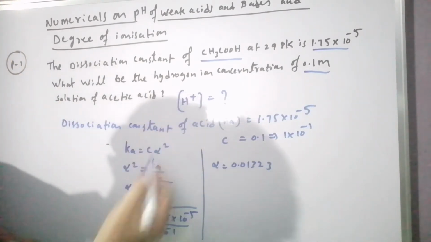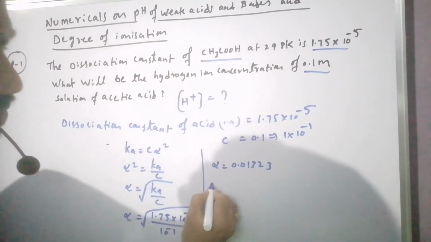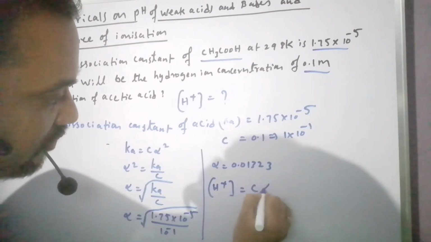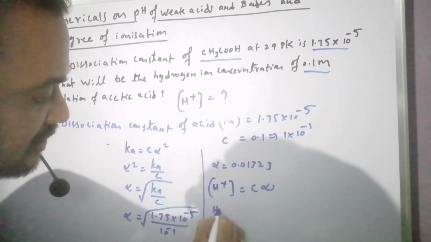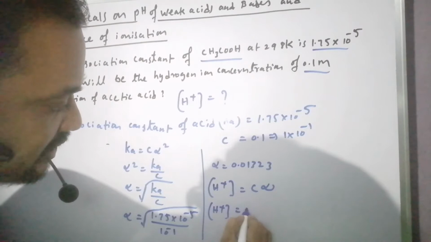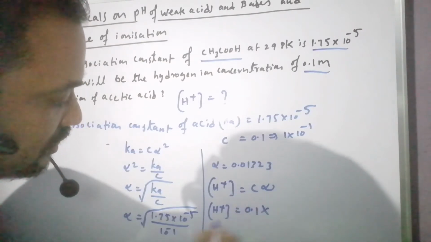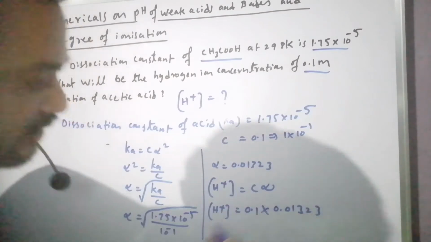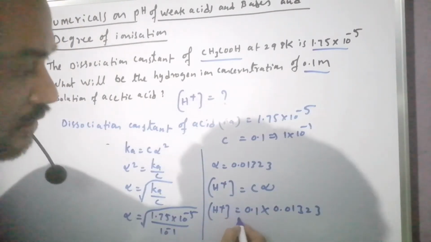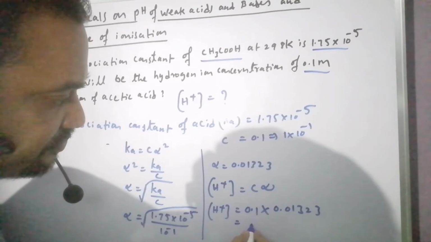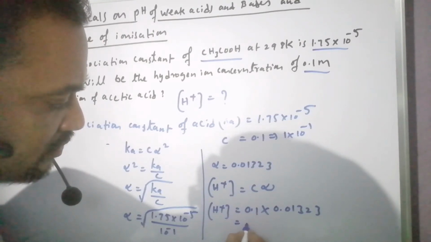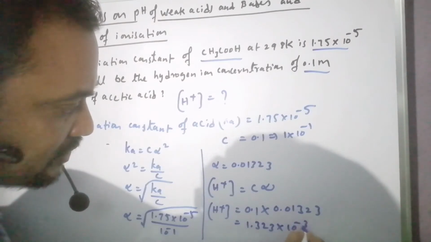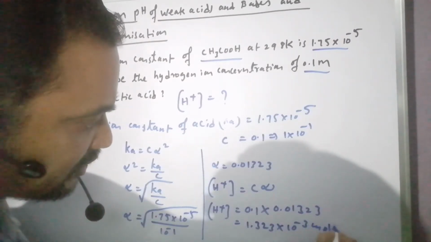We want the H plus hydrogen ion concentration. So already we know H plus concentration is equal to C alpha. H plus concentration is equal to concentration, 0.1, into alpha, 0.01323. That implies 1.323 into 10 power minus 3 mole per liter.